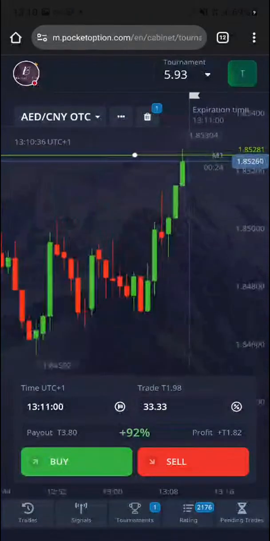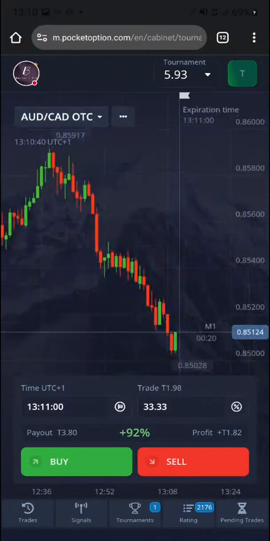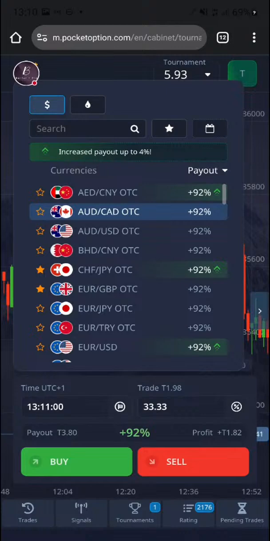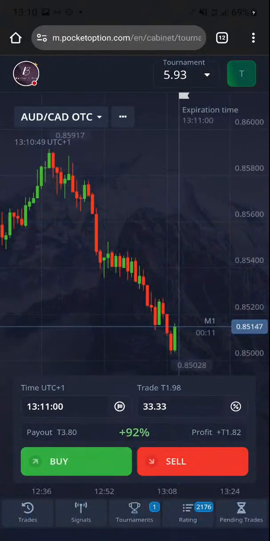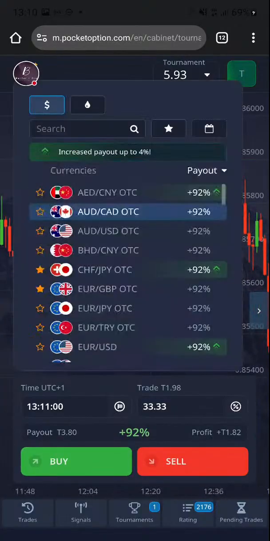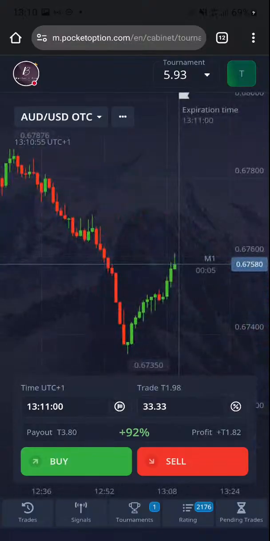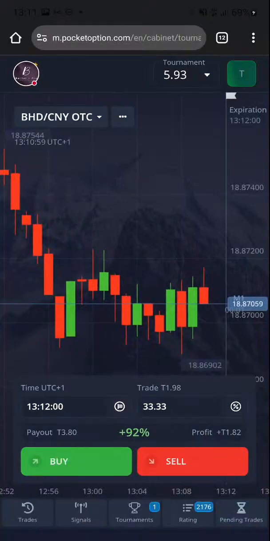Please don't do that. You should not. The brokers are banking on the fact that you will lose your mind and take random trades. Don't give them the satisfaction to do that. Stay focused. If you need to take some time out, take some time out.